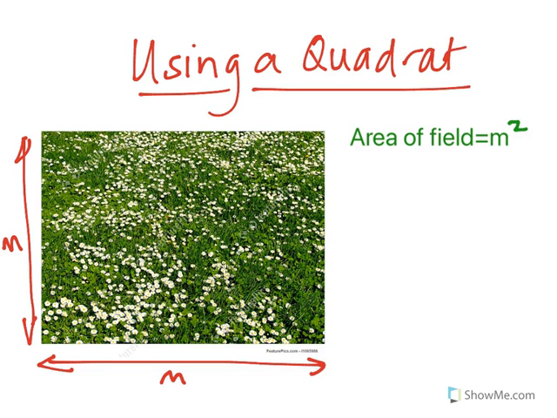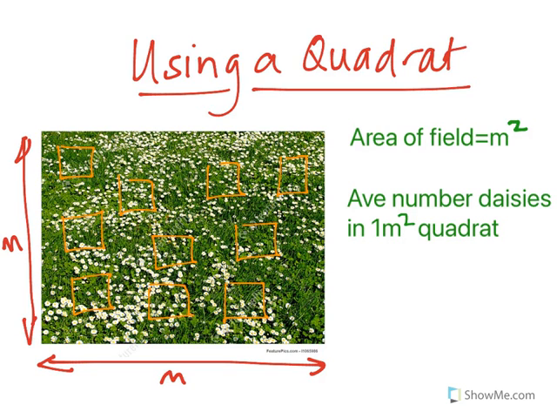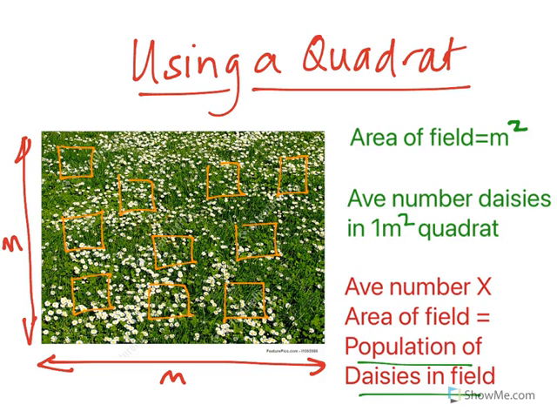Next, you will throw your quadrats randomly and as many times as possible in that field. And then if you take your average number of daisies in a 1 meter squared quadrat and multiply that by the whole area of the field, that will give you a population estimate of daisies in that field.